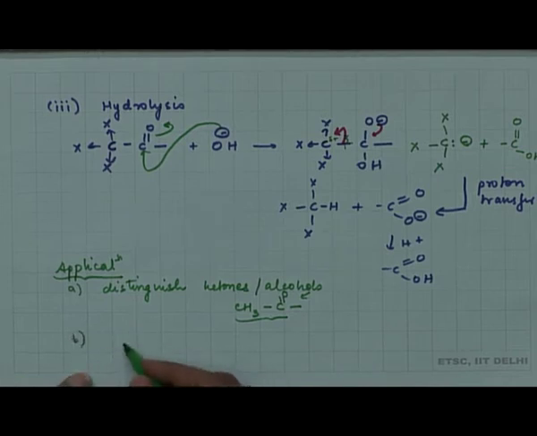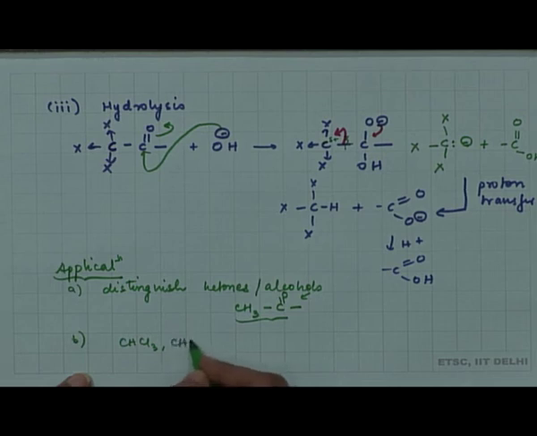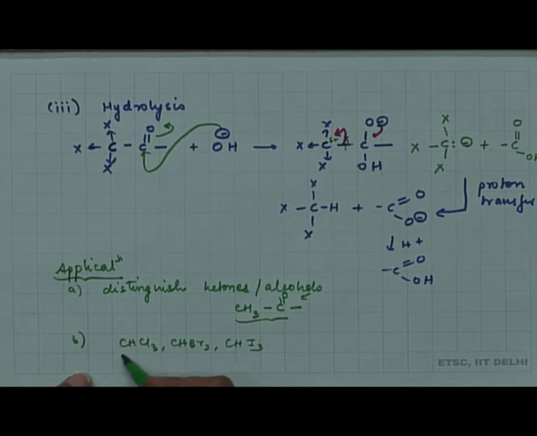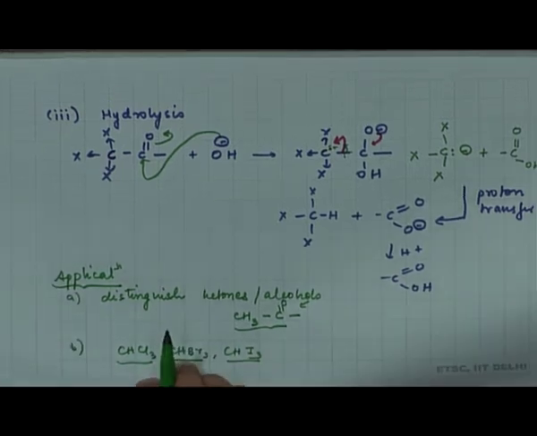It is also used for the preparation of chloroform, bromoform and iodoform. These are used: this is a local anesthetic, this is a general anesthetic, and this is an antiseptic. So, it is used for the preparation of these compounds. So, this is an important reaction.